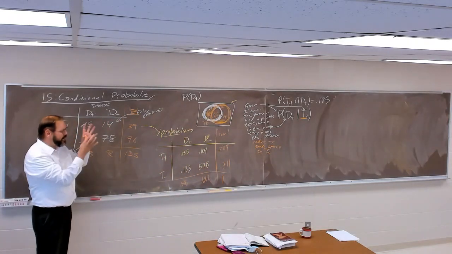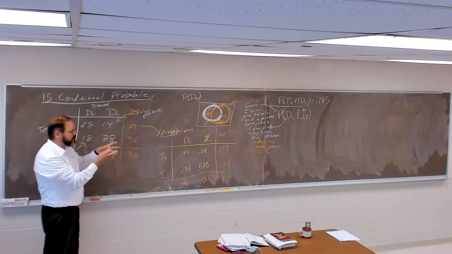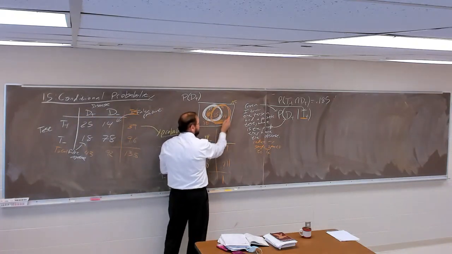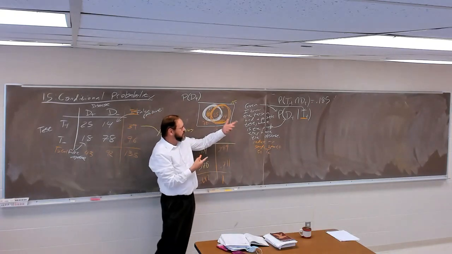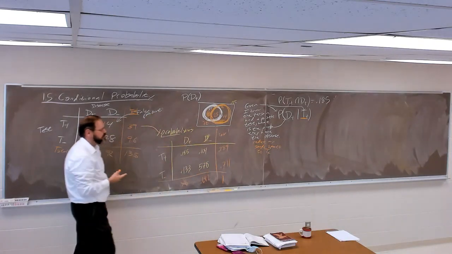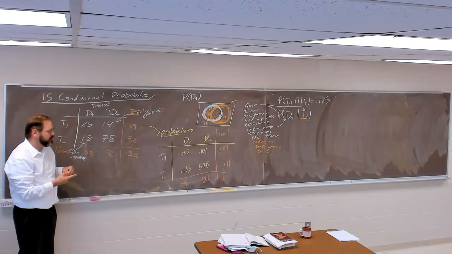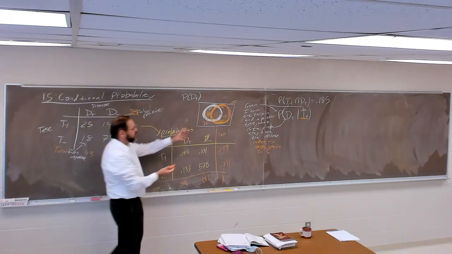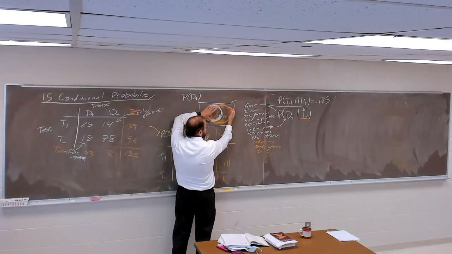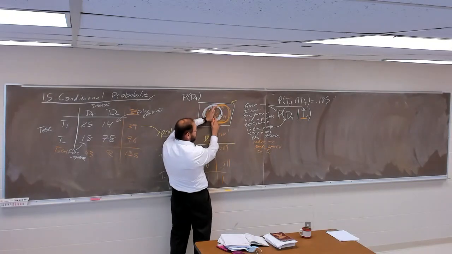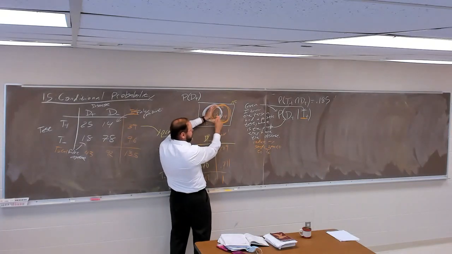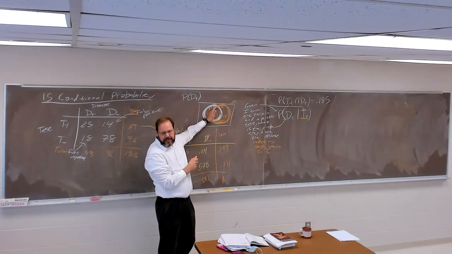I have this extra information: I know this person is T+, inside of here. Now I'm just going to ask the same question. What is the probability that this person is also in D+? Which is now asking, inside of this circle, what's the probability of being in here, which is going to be the D+ side of the circle, versus over here, which is going to be the D- part of the circle.